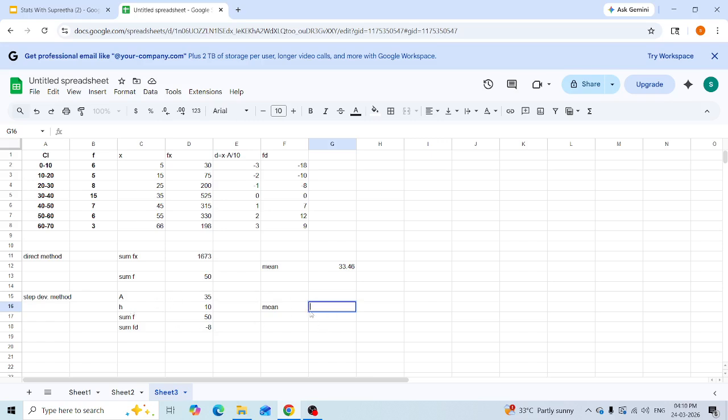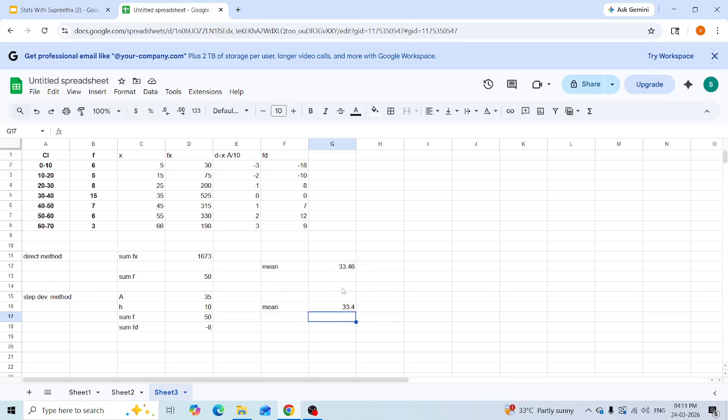So the formula is a, that is 35, plus sum of fd divided by sum of f, into h, that is 10. We get the answer as 33.4, which is the same by the direct method and the step deviation method.